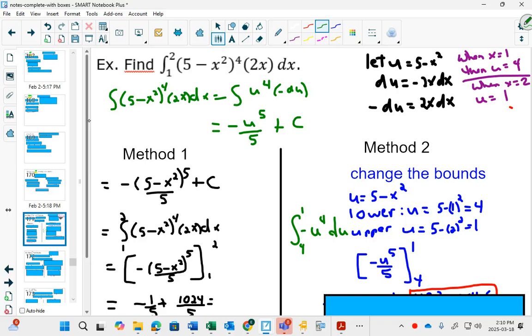So when I do my substitution in, I've changed my bounds. And then when I integrate, my bounds are here and I do not need to substitute back. This is really nice. Because this just says, you need to plug in 4, you need to plug in 1.